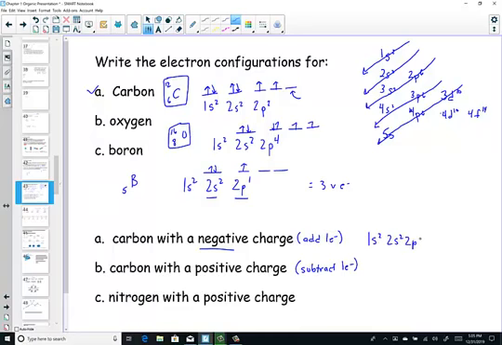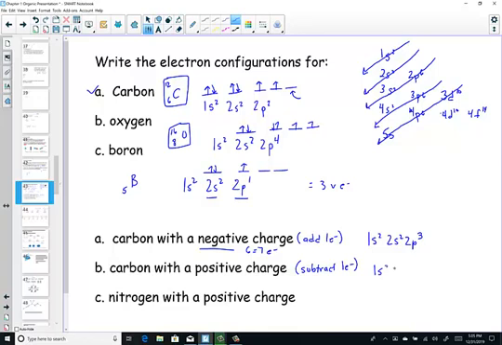But if we added an electron, instead of having 6, we now have 7 electrons, meaning that we'd have 2p3 as its total. So carbon with an extra electron has an electron configuration with 1 more electron than its neutral atom.